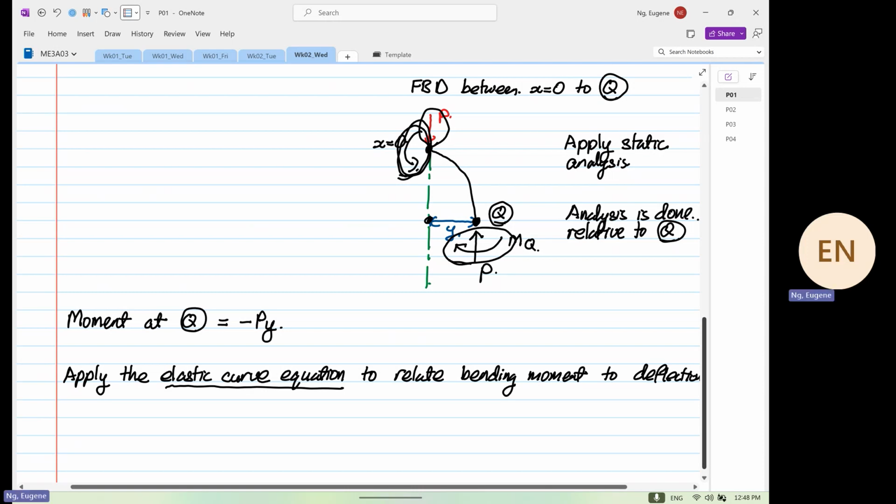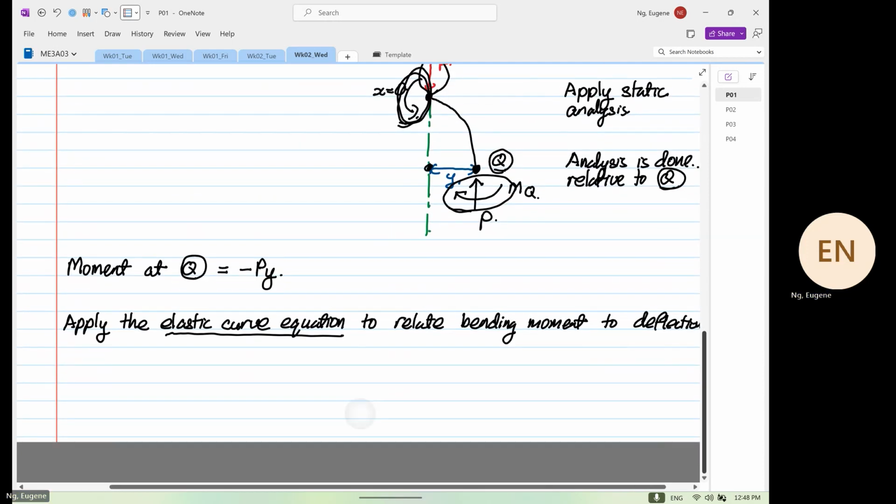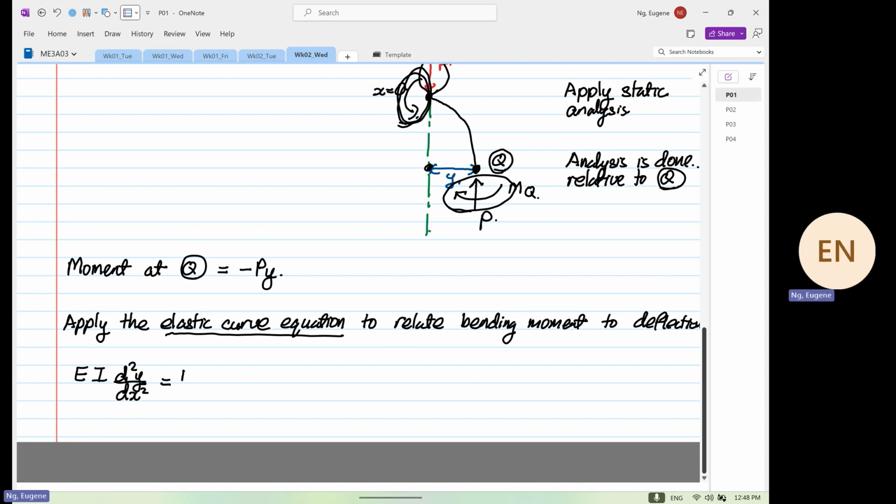If I write out the general equation, the elastic curve theory specifies that the second moment of area and Young's modulus, EI d squared y over dx squared, is equal to M. Have you seen this before? Which course did you take that you see this? Can you remember? 2Z, right?